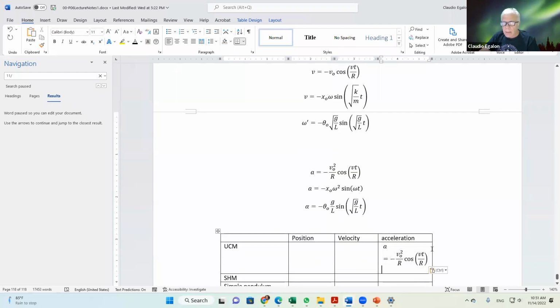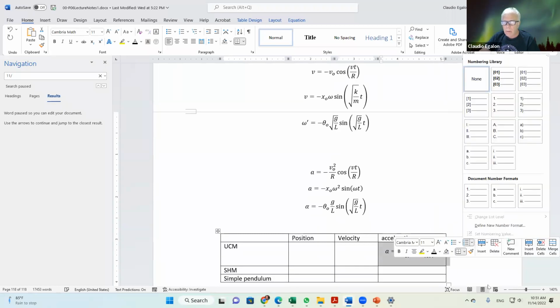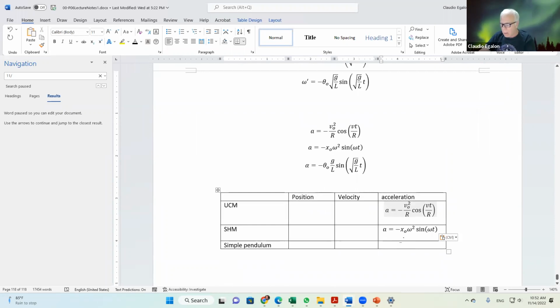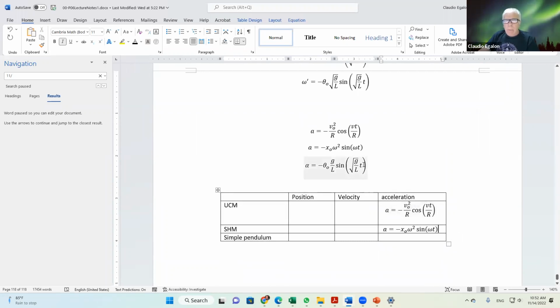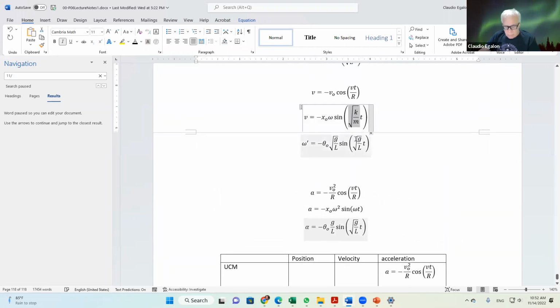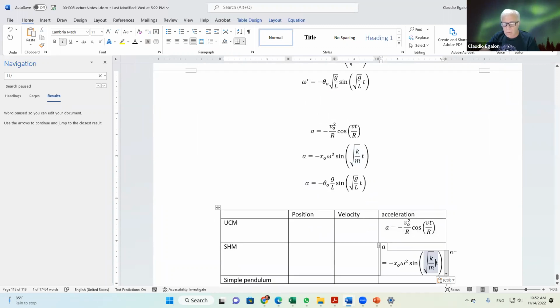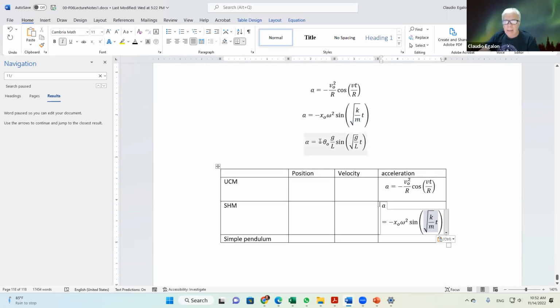I'm going to expand this a little bit. This one goes right in here. I've got to put K over M, square root. Okay, and then angular acceleration.